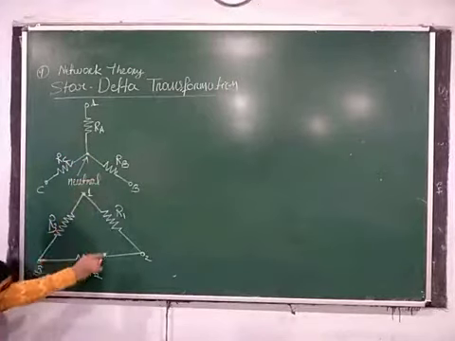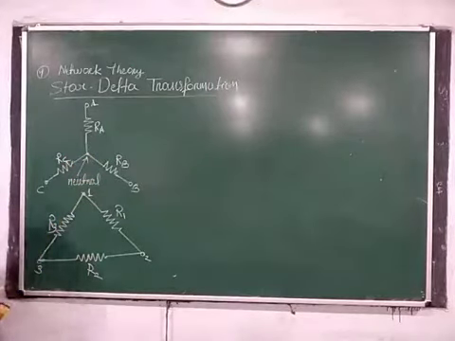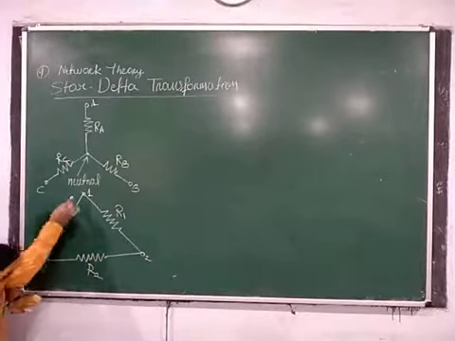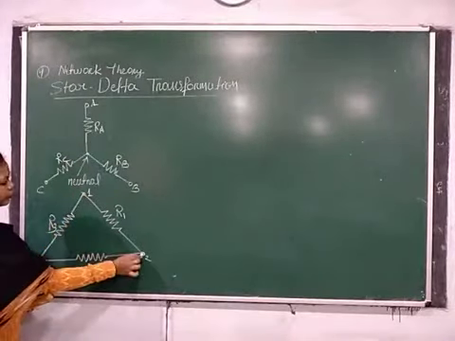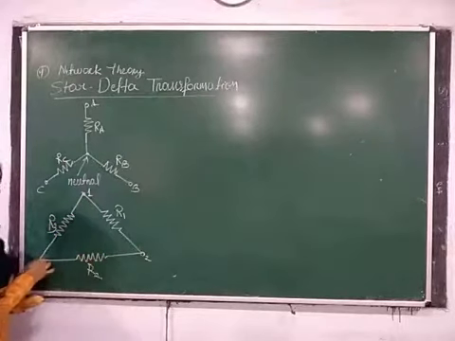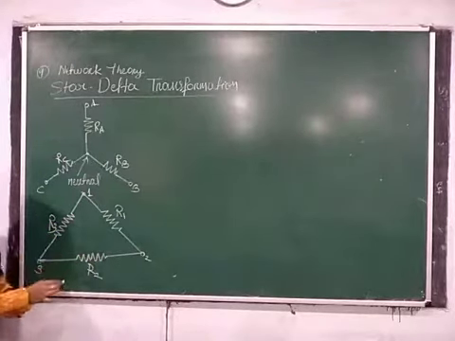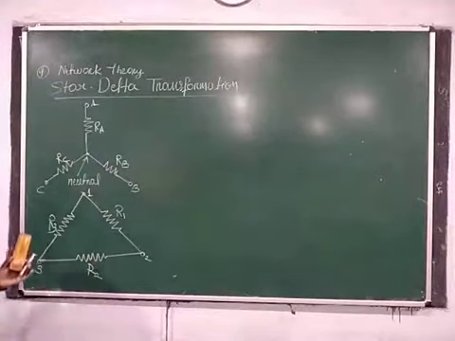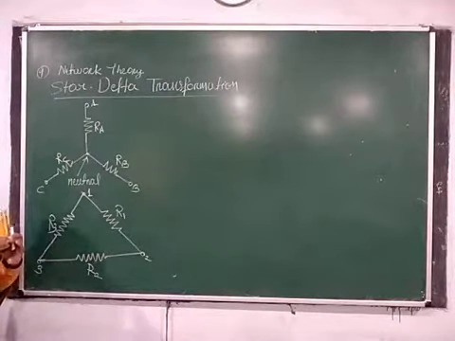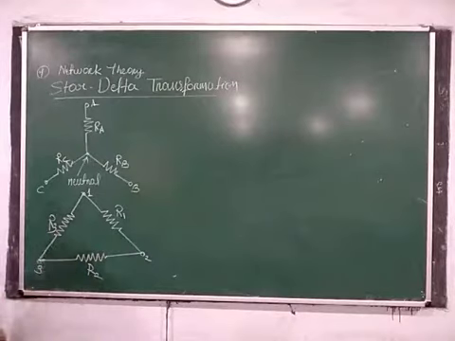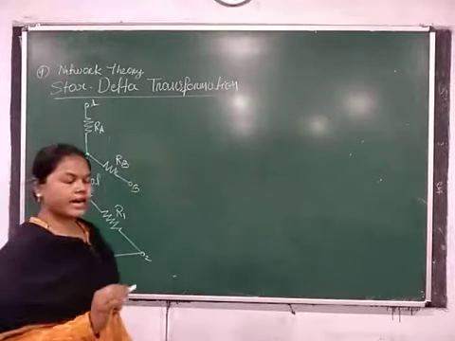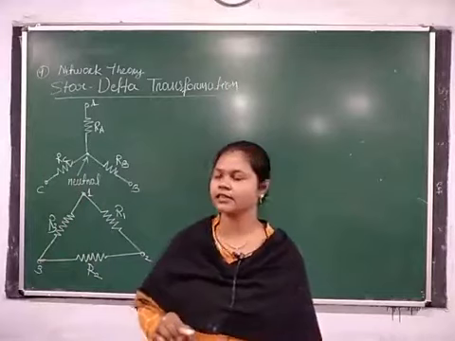But no such point is there in delta connection. Here at point 1 two branches are connected, at point 2 these two, at point 3 these two. So the point where all three branches connect is not available in delta connection. That is the difference. And what are the similarities?